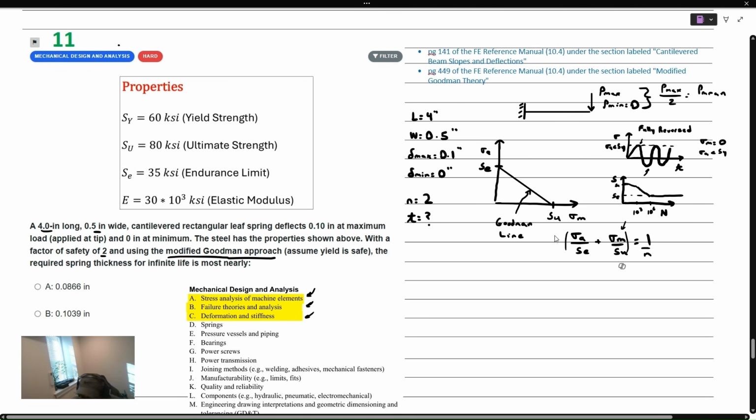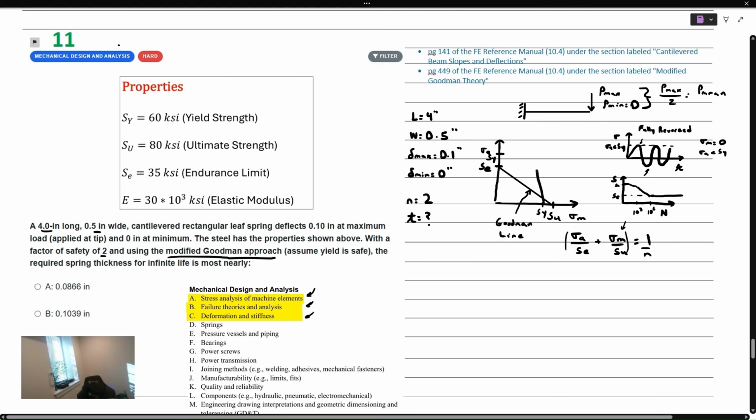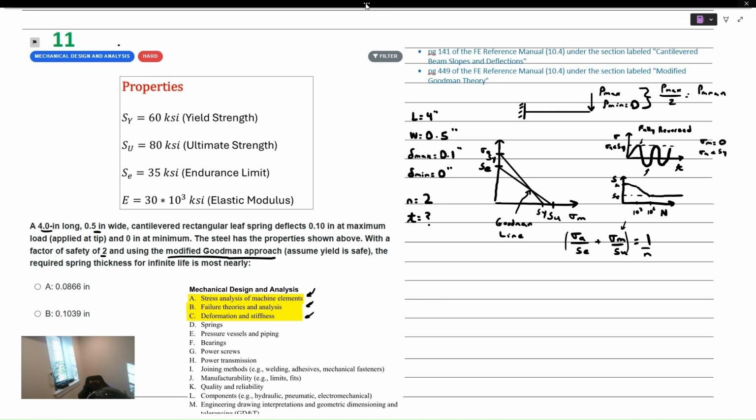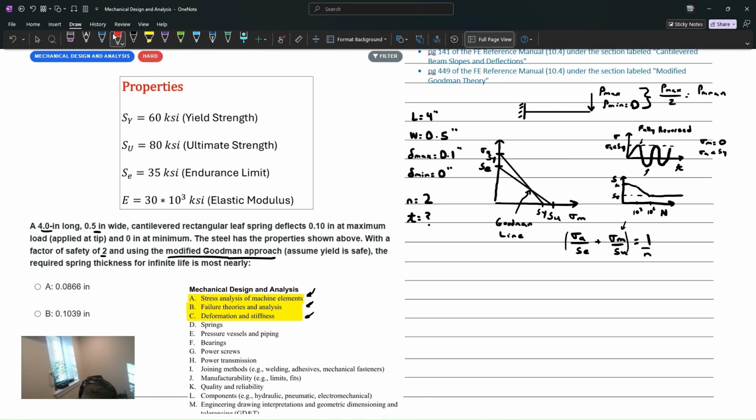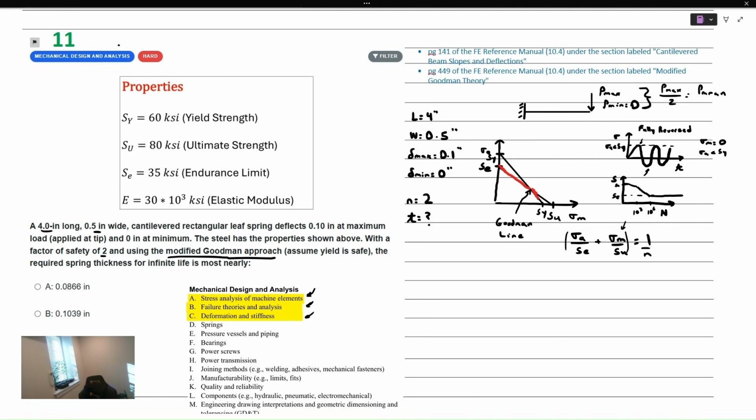And it was modified using a Langer line, which is just when we connect yield in terms of the alternating and mean stress, because we can still yield, right? I connect those 2 lines kind of like this, and if I trace out the failure line that corresponds to the modified Goodman approach, it goes up to this point, and we also take into account yield.